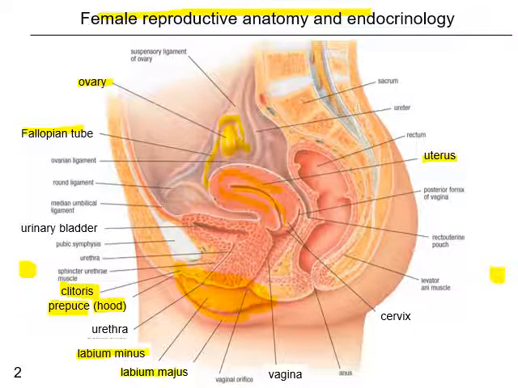And the labia majora are the larger structures surrounding the labia minora. Both of those surround the vagina, which is the opening between the uterus and the external surface. It is where the erect penis would be inserted during intercourse, and this is where semen and sperm are delivered during ejaculation in the case of intercourse.